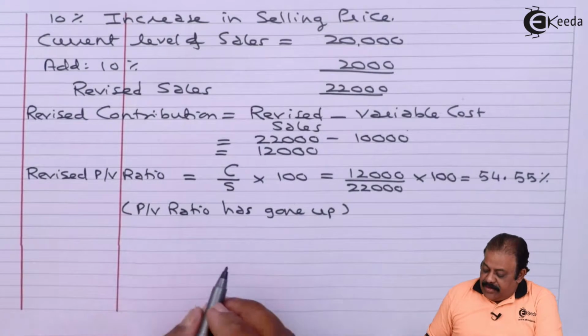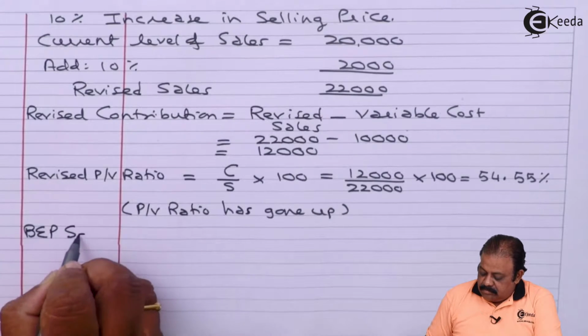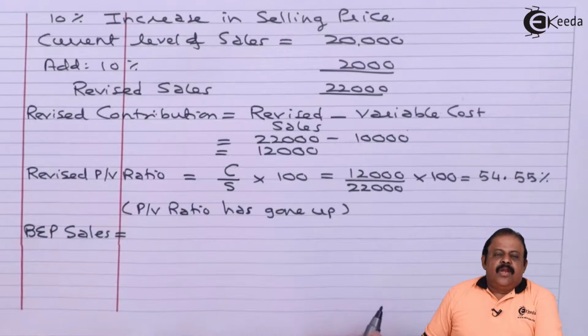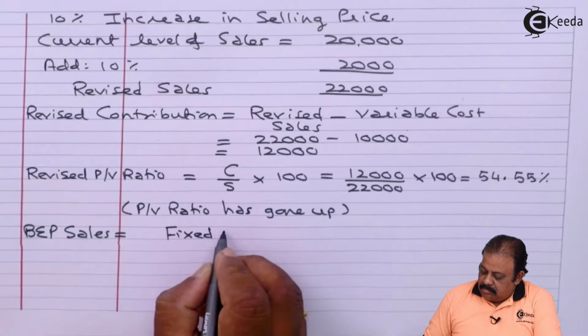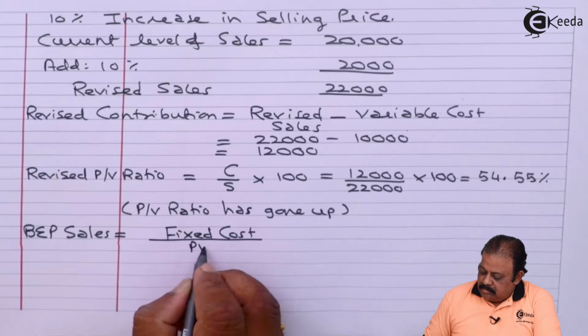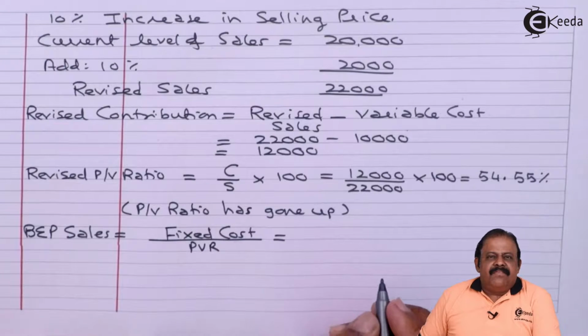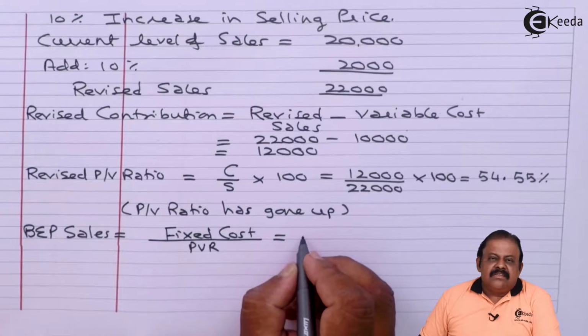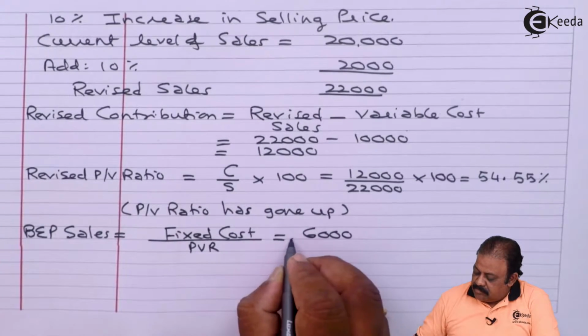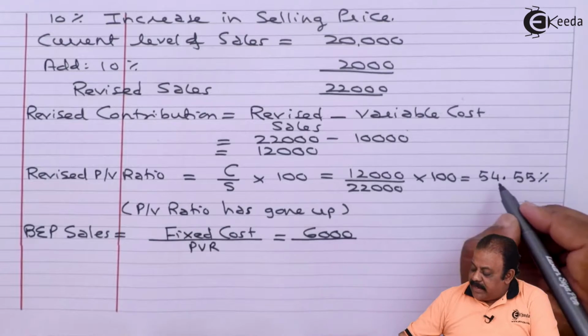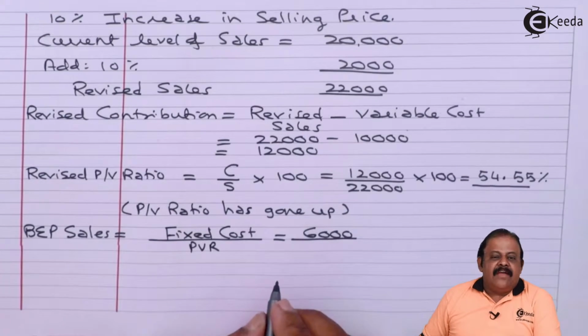Next, break-even point. Formula for break-even point sales is fixed cost divided by PVR. Fixed cost has remained the same, that is rupees 6,000, no change. PV ratio we have to take 54.55%.